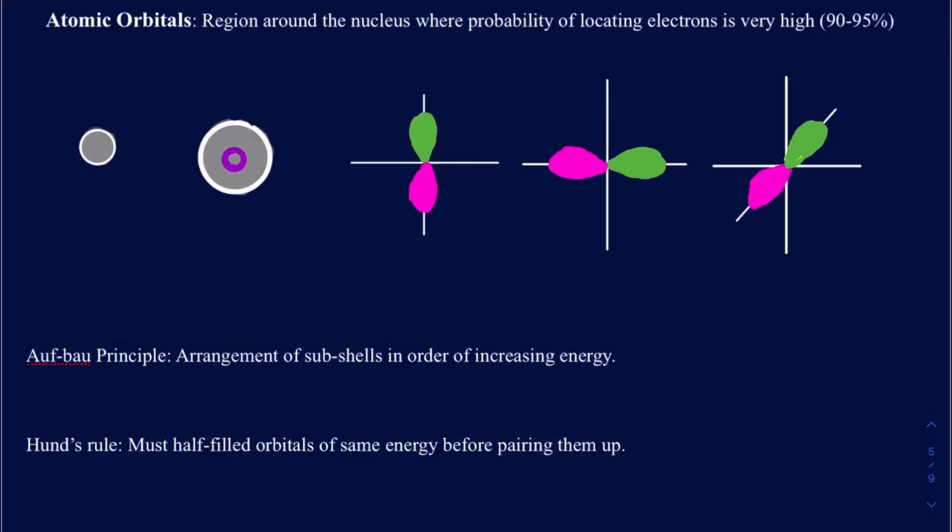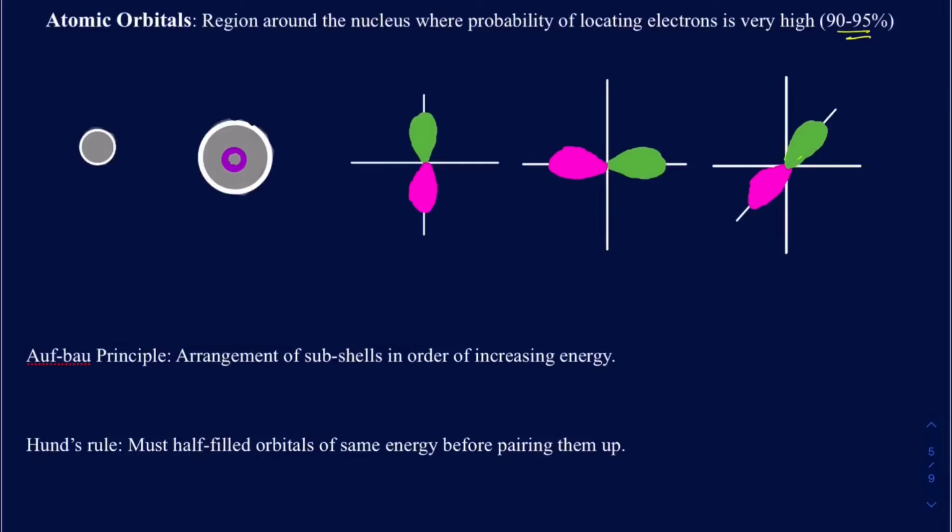And usually in those particular orbitals, when we talk about 1s orbitals or 2p orbital or 3px orbital, in that particular region, the probability of finding the electron is going to be very high, almost 90 to 95%. And then the rest of that small amount of probability would be outside that orbital.